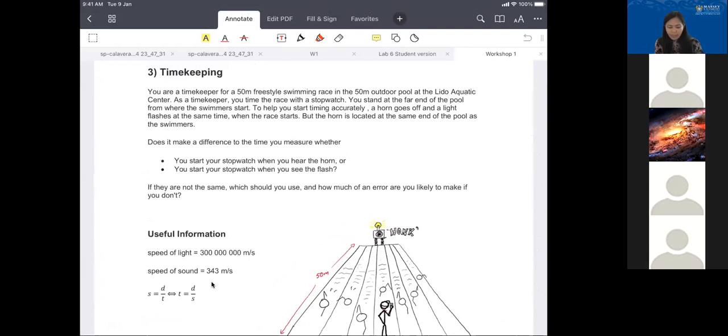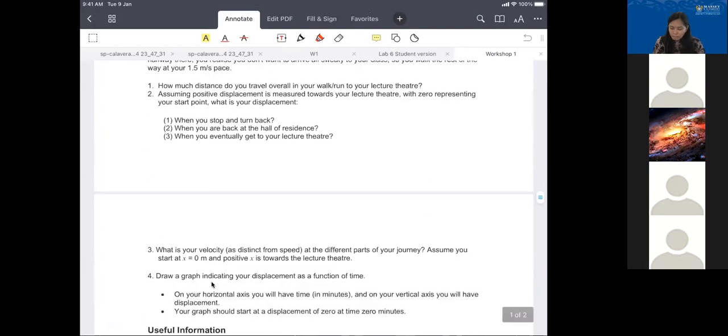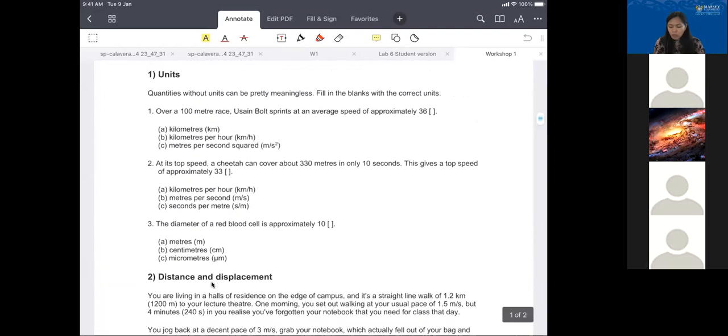Usually in the workshops, I'll give you about 20 minutes to go over the worksheet and try to work out the problems. Then we will look at the solutions and discuss how to work through them. While you are working on the problems, feel free to ask questions.